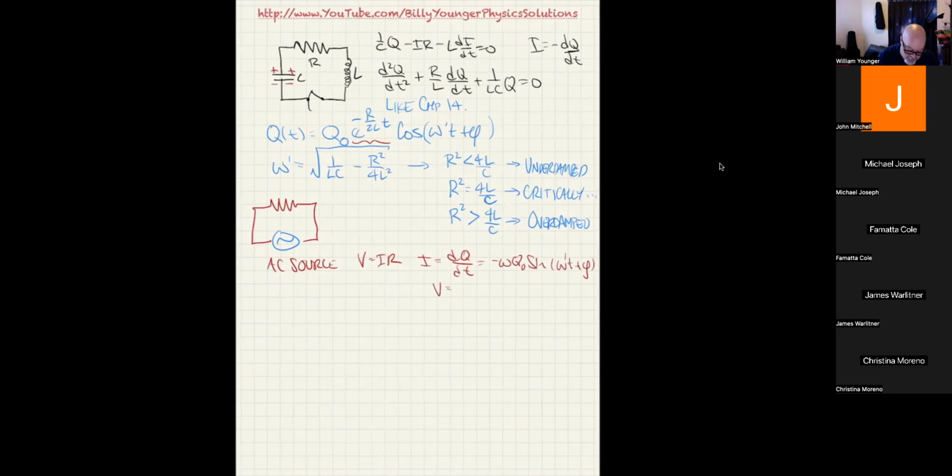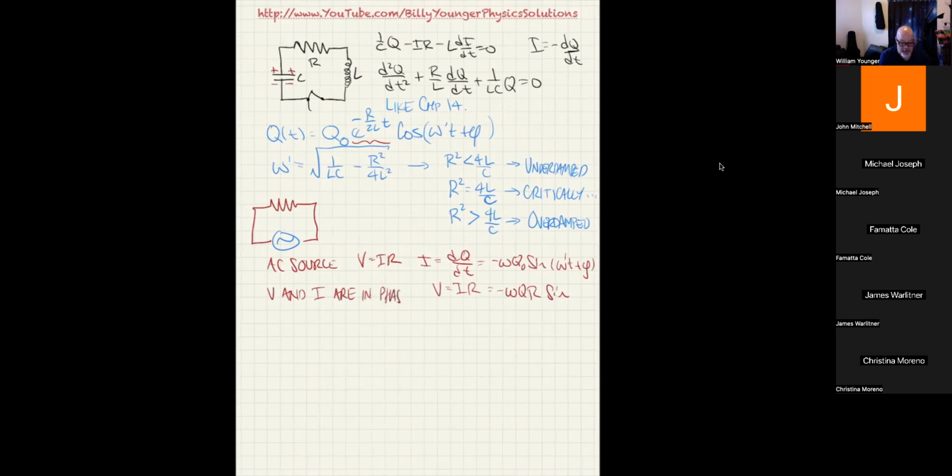And then V is equal to I times R, so that's going to be negative omega Q times R times the sine. So you see the V and I are in phase.